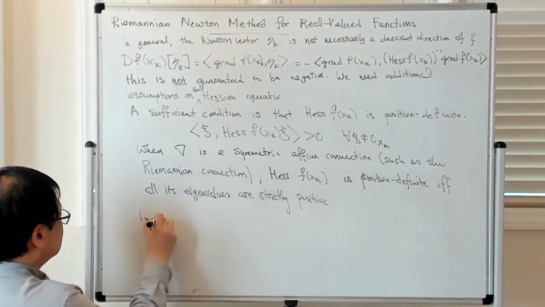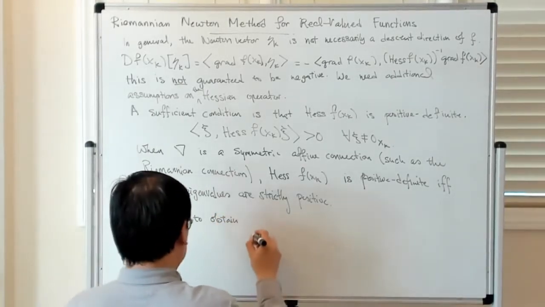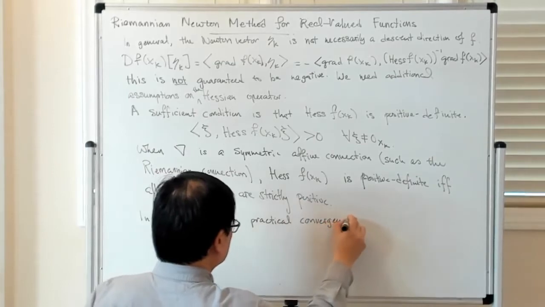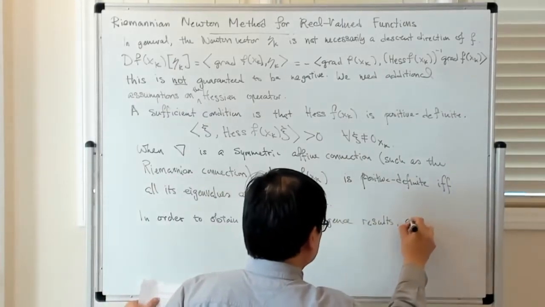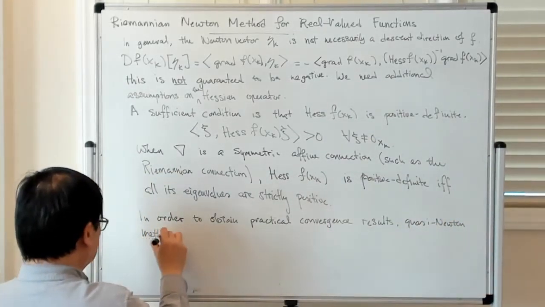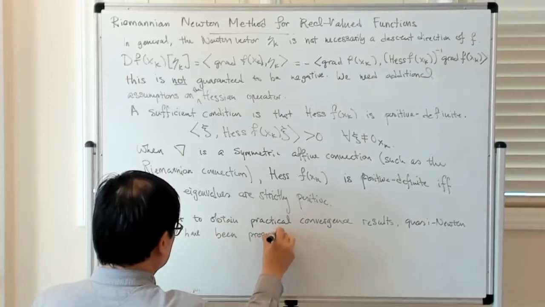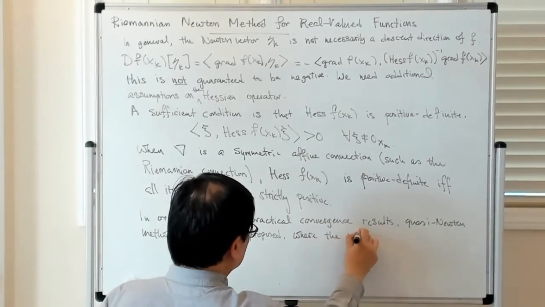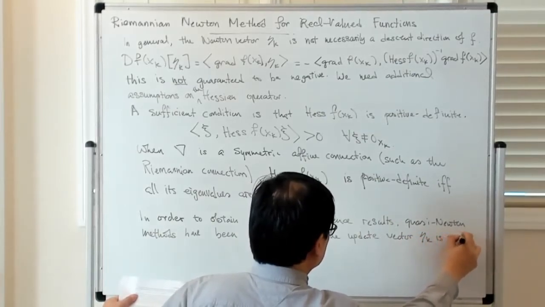In order to obtain practical convergence results, quasi-Newton methods have been proposed where the update vector is given by the solution of the following equation.